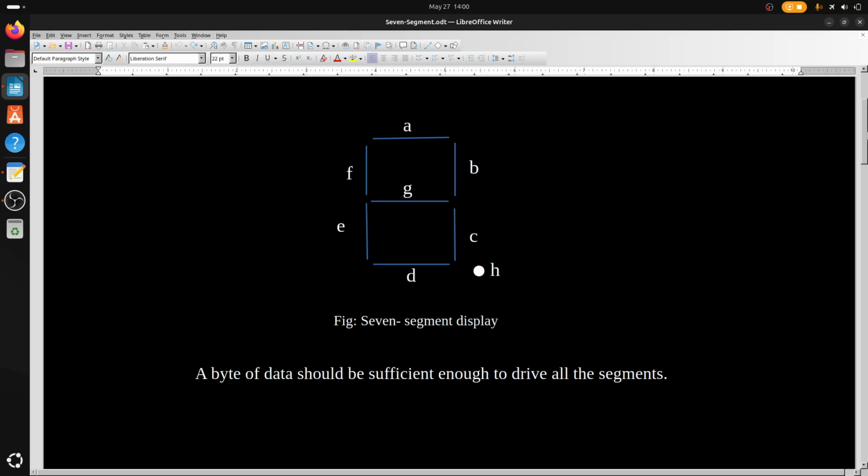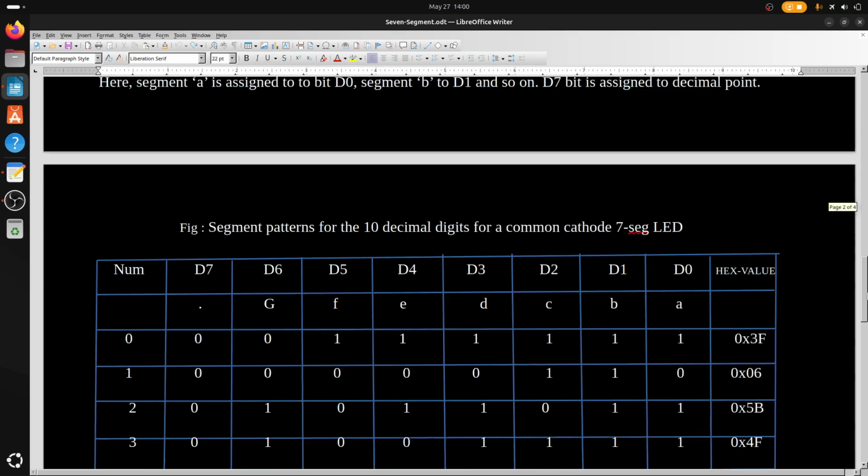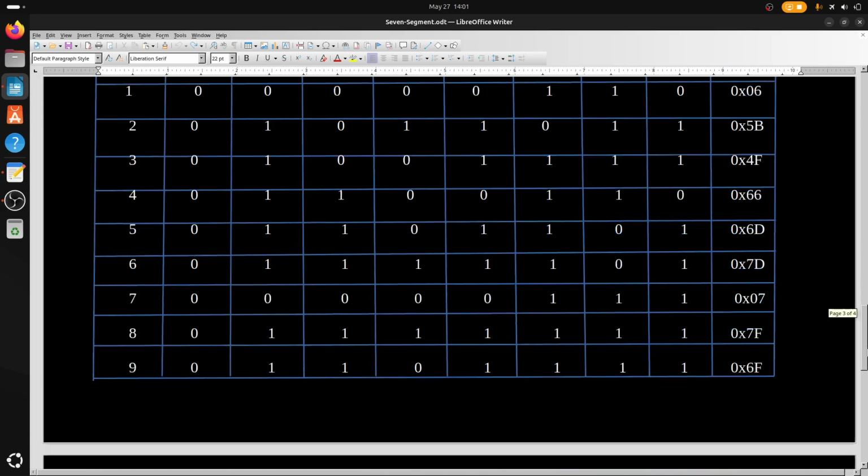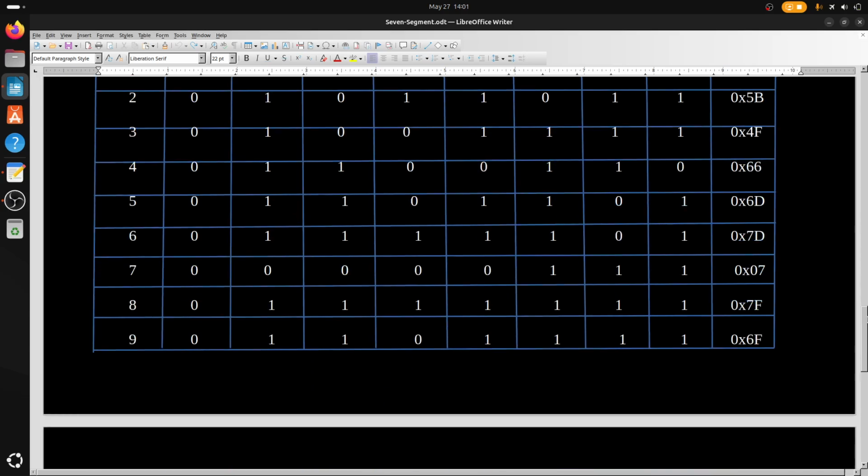So with only these on, it becomes 6, right? 110 is 6, and this one is 0. That's why it becomes 0x06. And for 2, 3, 4, 5, 6, 7 up to 9 you can work them out, and you will get all these values.